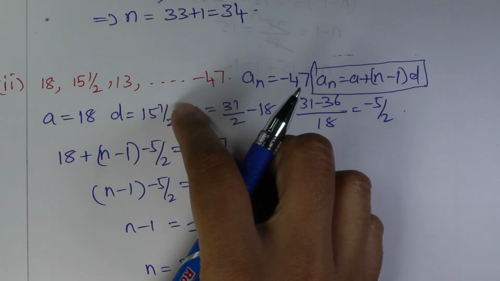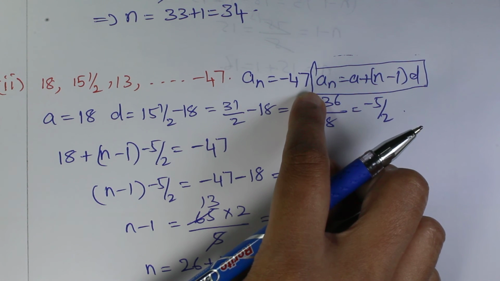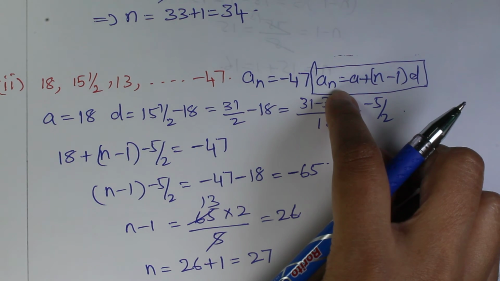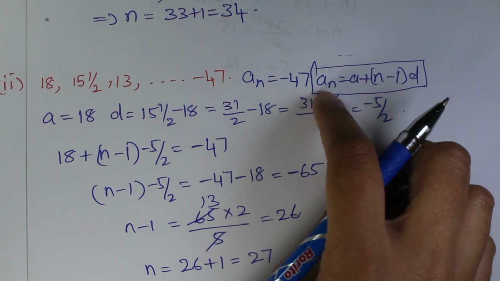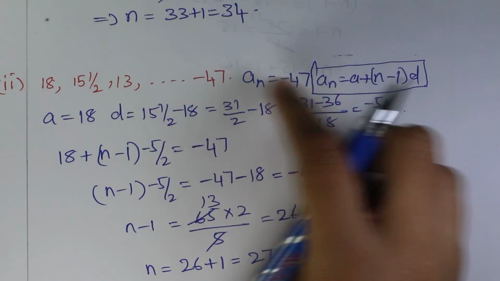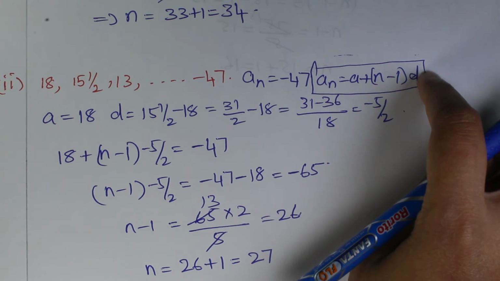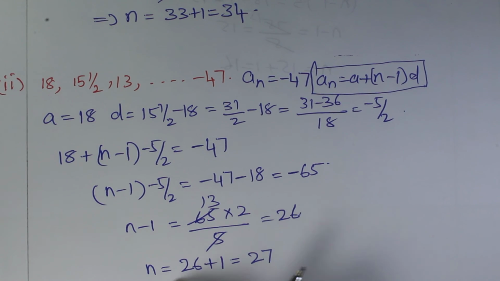Then the last term an is equal to minus 47. We know the formula of an is a plus n minus 1 into d. We know the value of an and we can calculate the values of a and d from this series. By substituting the values of a and d, we can solve for n. In this way, we got the value of n as 27. So there are 27 terms in this series.